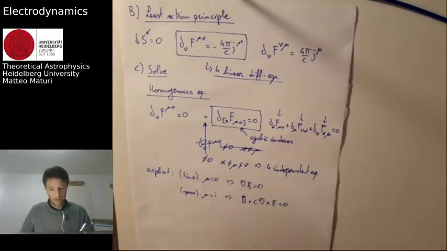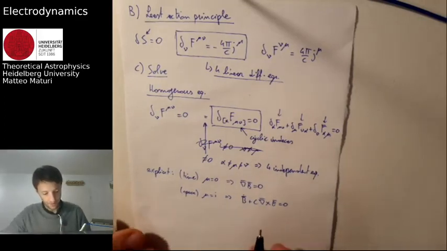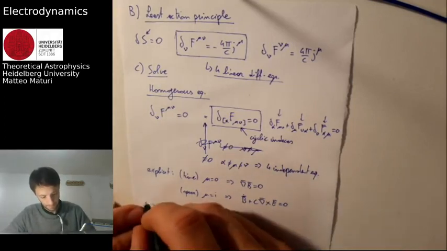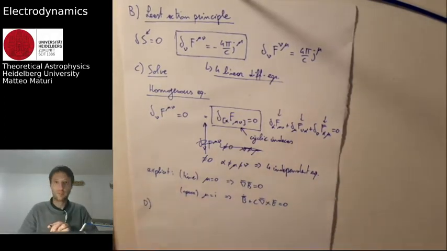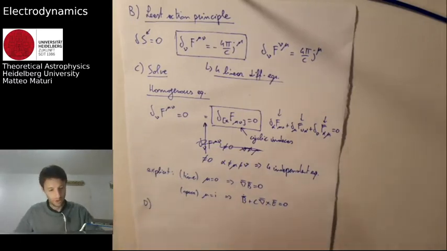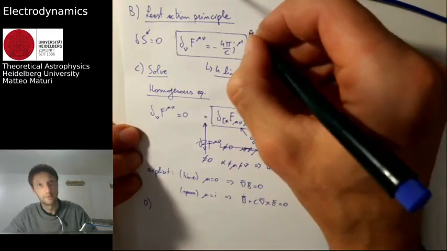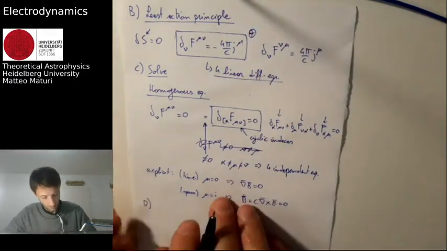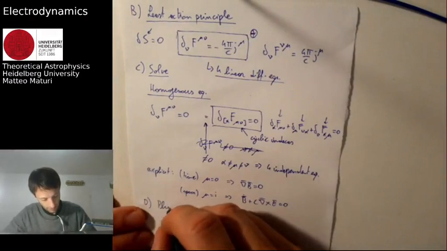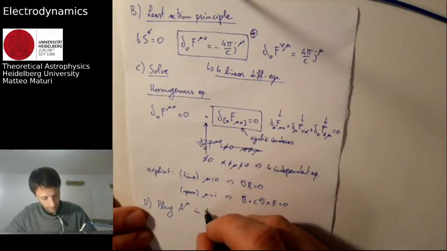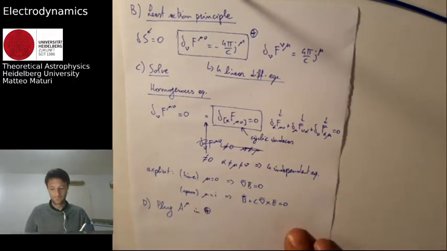Perfect. Once we have that, we can proceed and plug the four-potential into our equation here. Let's call it star. So we plug A^μ into star.